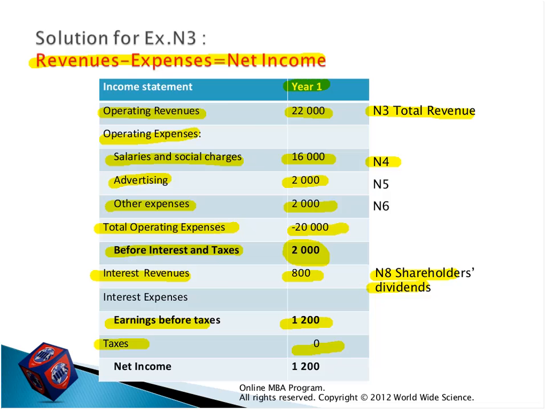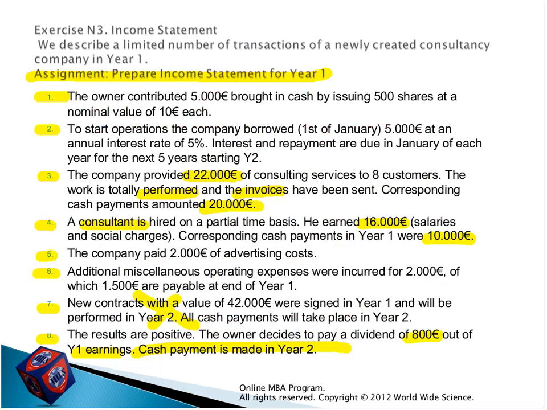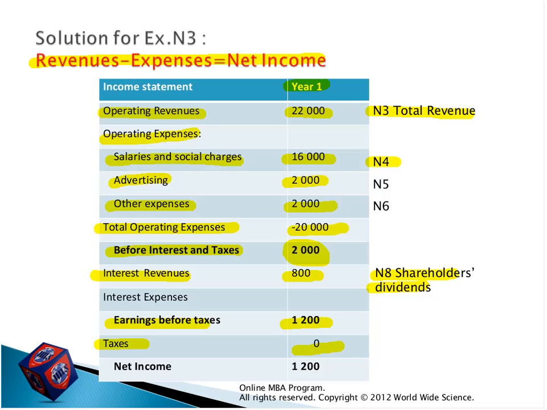But in the assignment there is no mention of taxes, how much we should pay or whether we should pay. So if we have no transaction about taxes, we just put 0. And after that, the net income is equal to 1,200. So right now we can recognize that the company has got an income equal to 1,200.